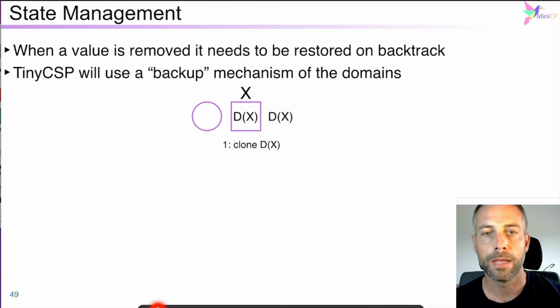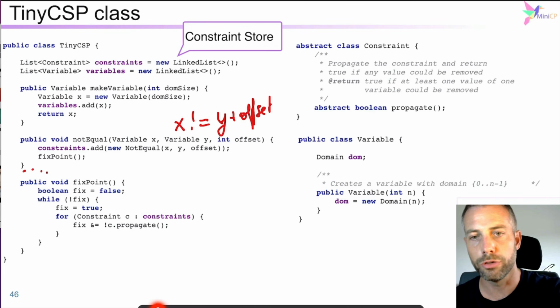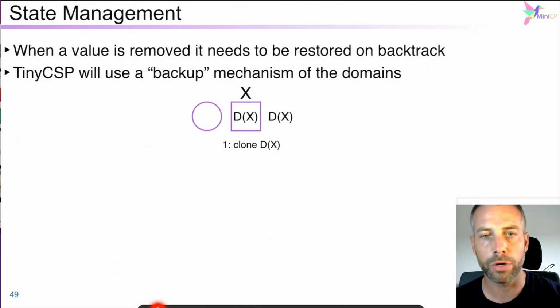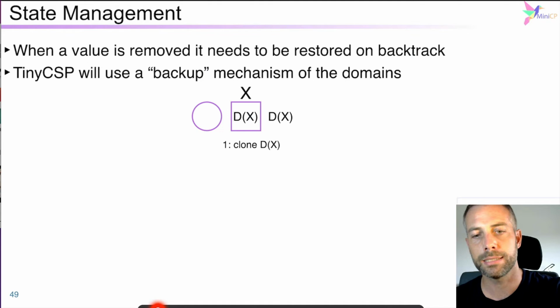So just prior to the branching, we will clone the domain of the variable X. So if you remember, the variable X contains a placeholder here for the domain. Okay, so we might easily clone the domain of the variable X. So as a first step before branching, we'll clone the domain.